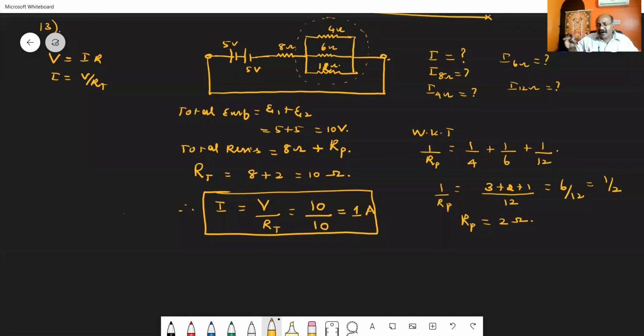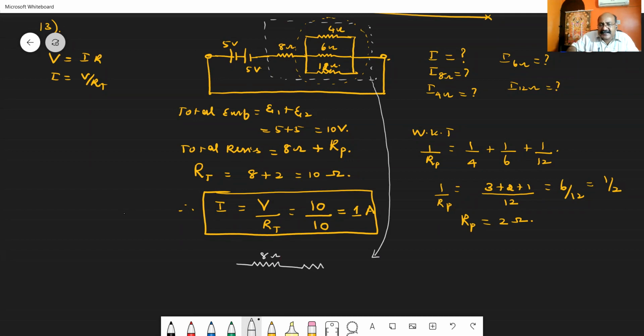Next, what is the current flowing through the circuit, or what is the current in each and every resistance? Now, let us consider these two combination alone. If I am drawing an equivalent circuit for this, one of the resistances is 8 ohm and another resistance is considered to be RP.